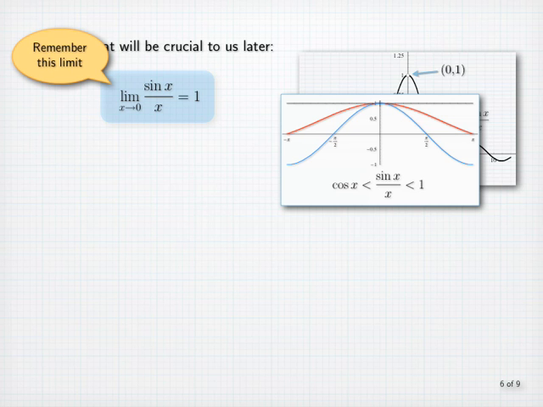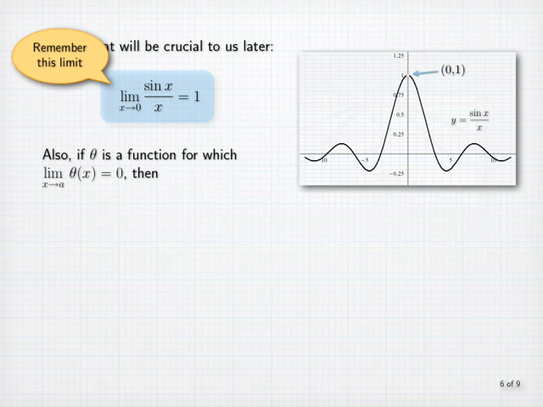In other words, the two ends of the inequality are both approaching 1, therefore the expression trapped in the middle must be approaching 1 as well. The graphs you see here show sine x over x in red, cosine x in blue, and the constant function 1 in black.